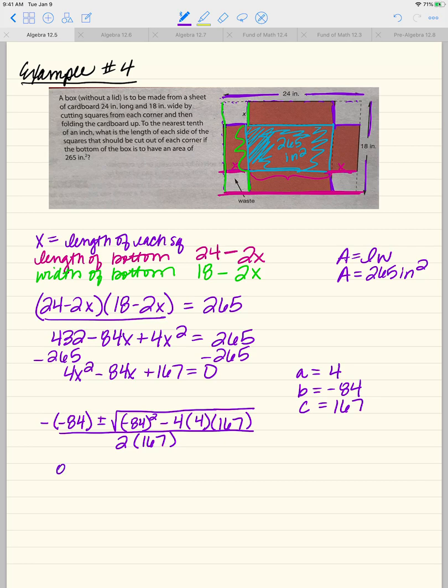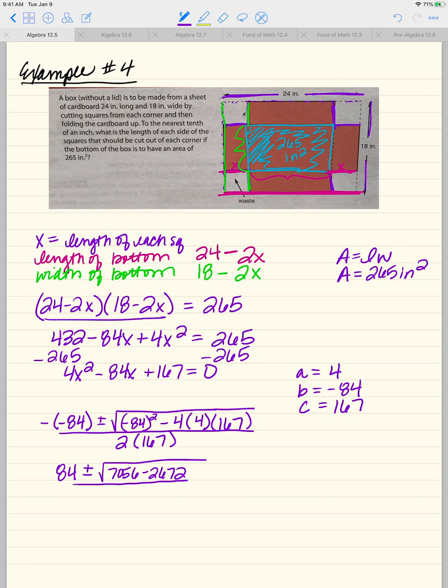So that's 84 plus or minus the square root of 84 squared, which is 7,056, minus 4 times 4 times 167, which is 2,672, all over.